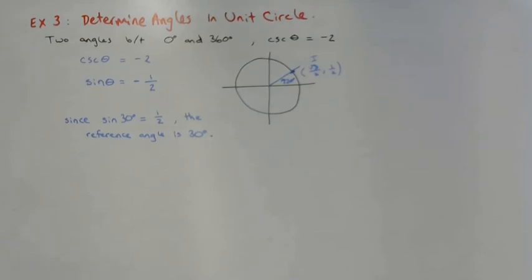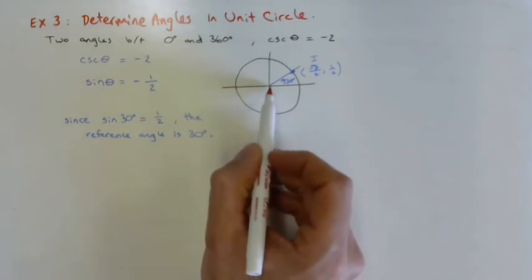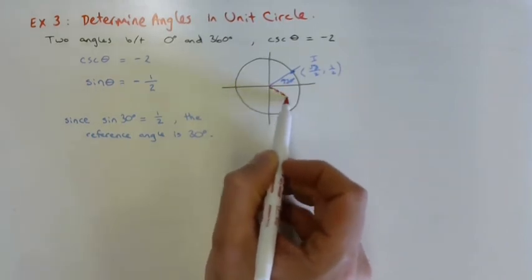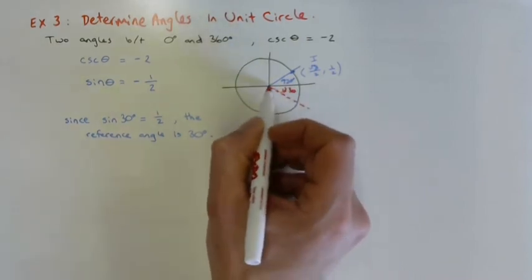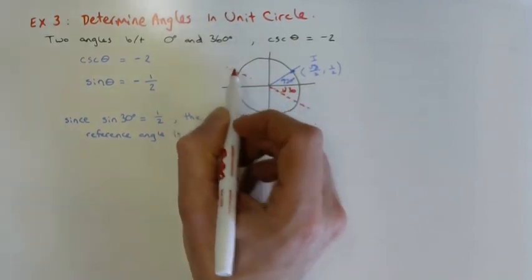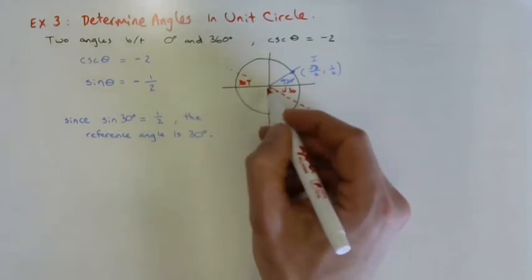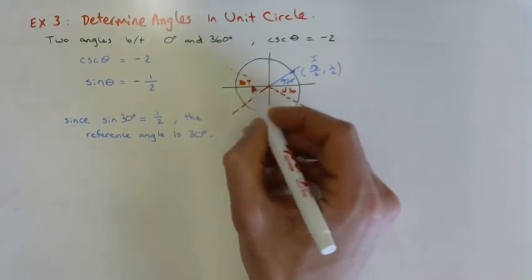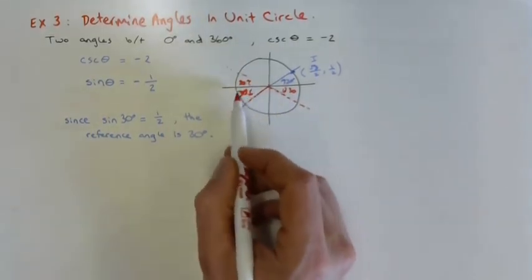Here's a reminder. Reference angle means that I've now created 4 different angles, 4 different points, all 30 degrees from the x-axis. So all of my reference angles now are 30 degrees.